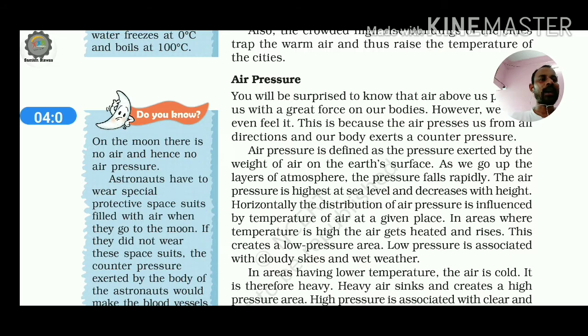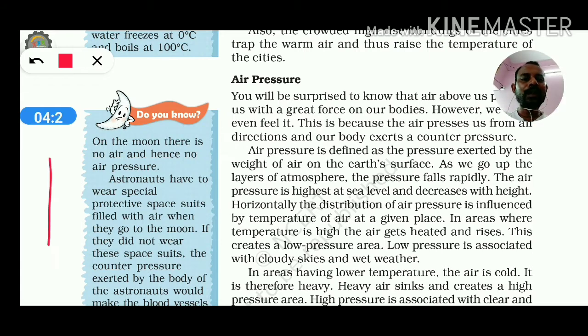So vertical air pressure is mainly dominated by what? It is mainly dominated by the factor of height. Horizontal and vertical, there are two kinds of air pressure. Vertical means this type, horizontal means this type.